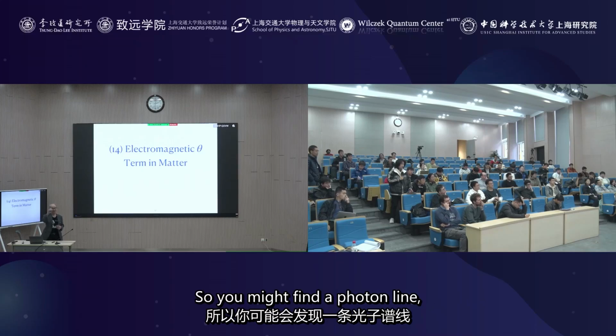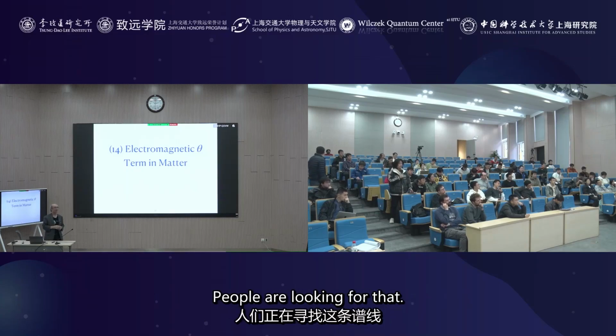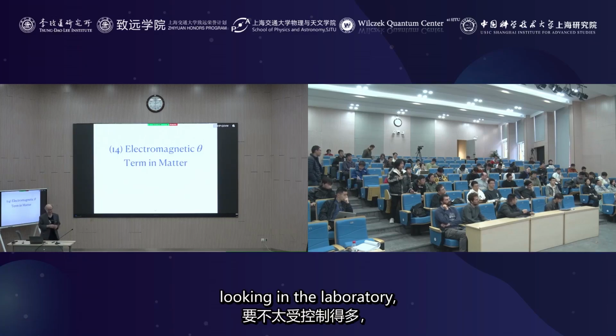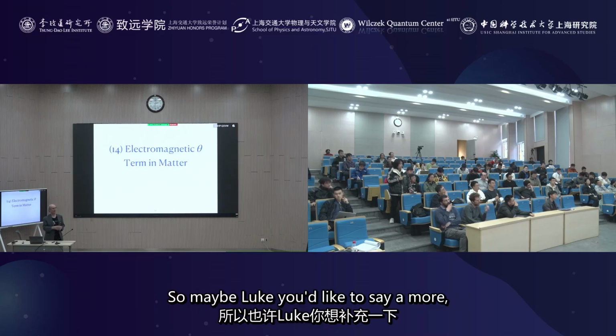So you might find a photon line, a microwave line coming out of neutron stars. People are looking for that, and of course, it's much less controlled than looking in the laboratory, but it's not completely out of the question that it could compete. So maybe, Luca, you'd like to say more.